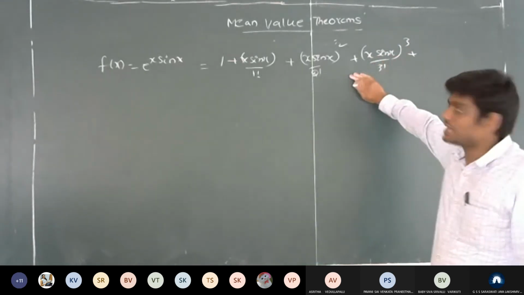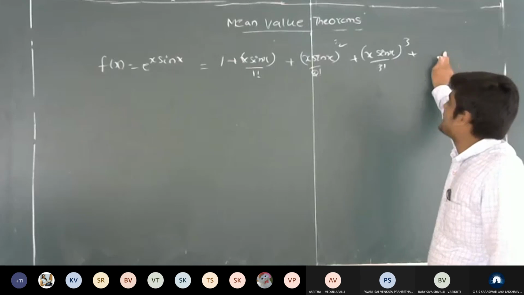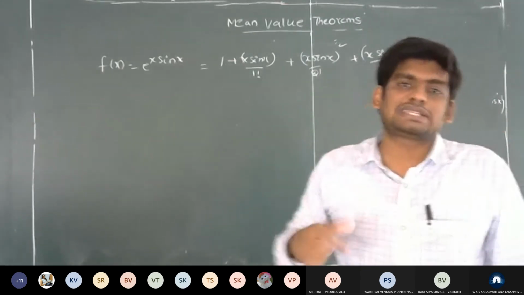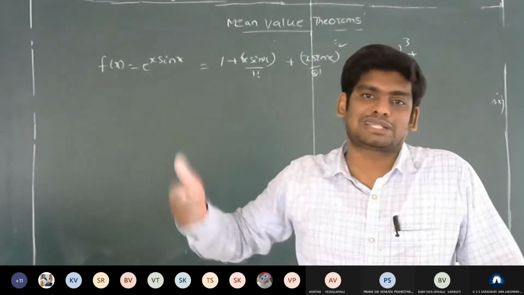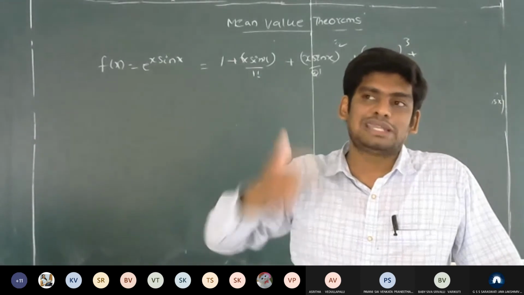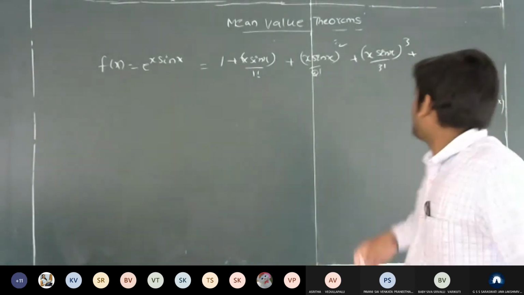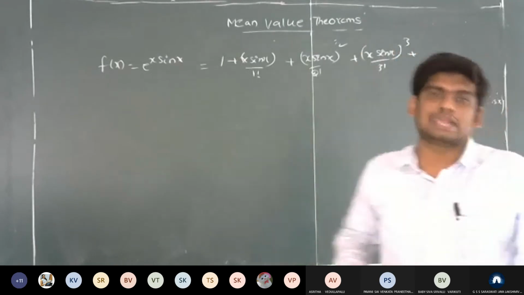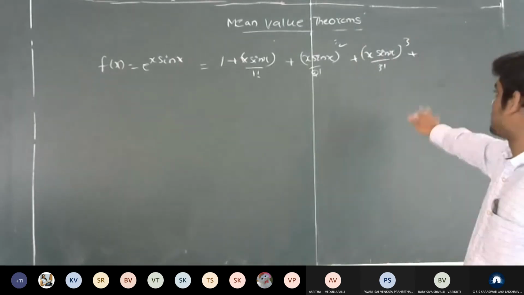I stop here. Why? Because if I take (x into sin x) whole power 4, the expansion of sin x is x minus x cube by 3 factorial plus x power 5 by 5 factorial. If you multiply with x, it becomes x square whole power 4, which exceeds the range x power 4. Because of that, I stop here.